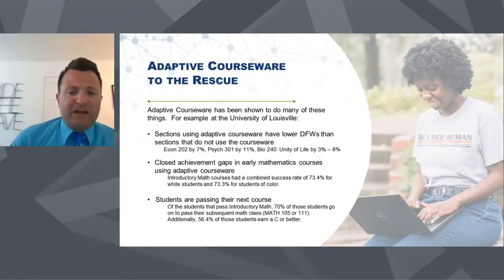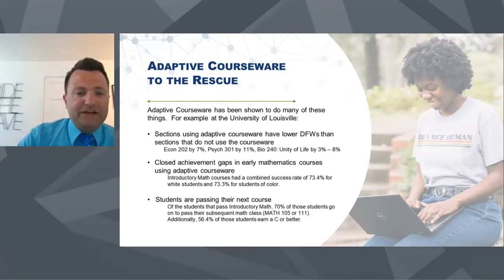One of the other things that we looked at is students in this specific gen ed class, the introductory math class: what happened after they passed that math class? Were they able to retain that knowledge and successfully pass the next course that they went into? And the progression there is easy to follow, because both of those introductory math courses lead into a math class that gives you the credit required by our SACS accrediting.